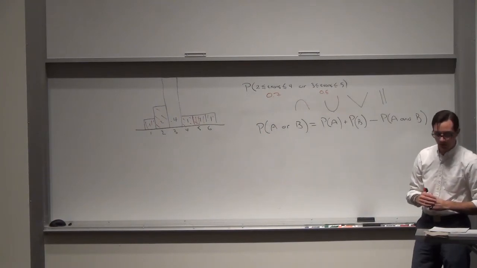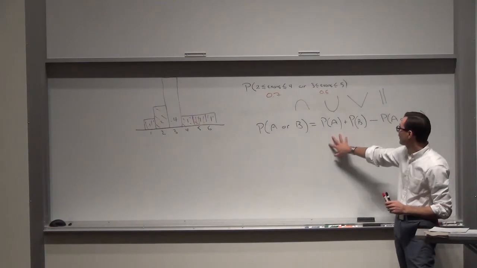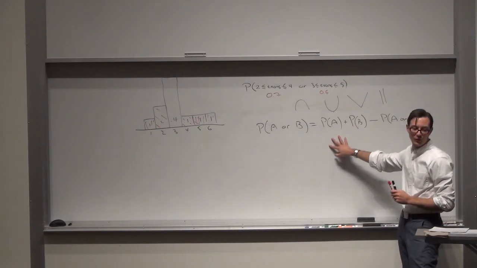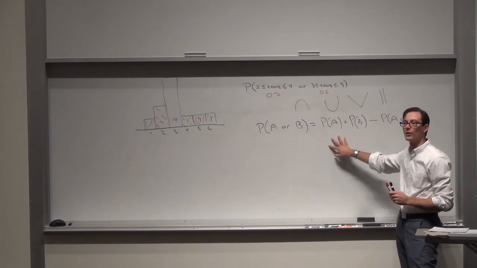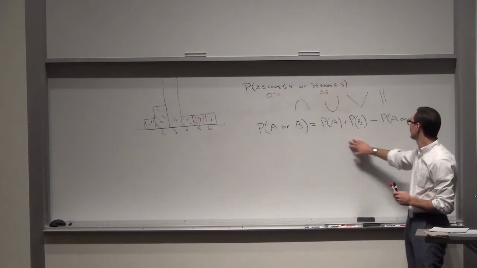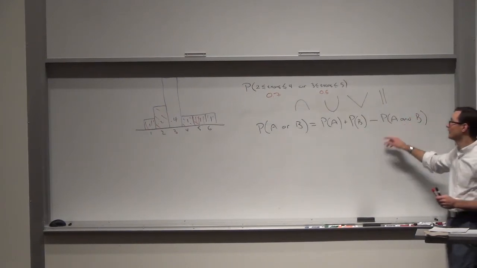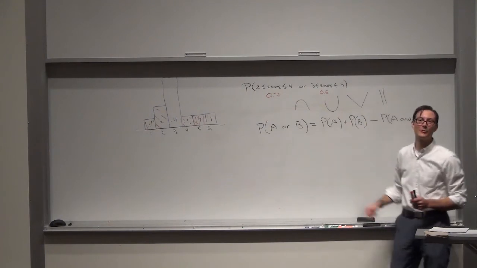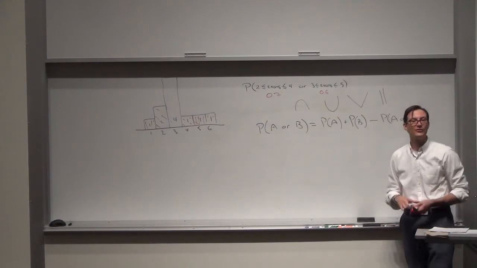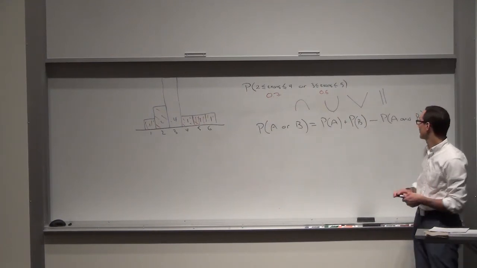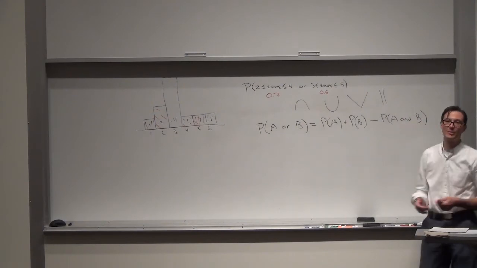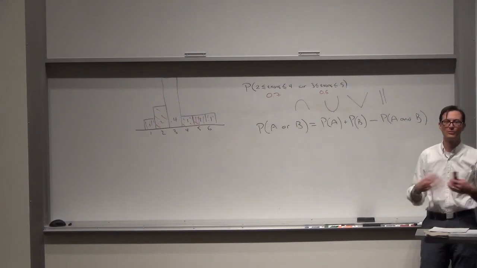All right, so here we've got a fairly simple rule for "or." Can we write a similarly simple rule for "and"? And I don't mean just move that around with algebra. How are we going to figure out how to calculate the probability of two things happening at the same time? Sort of in a principled fashion.